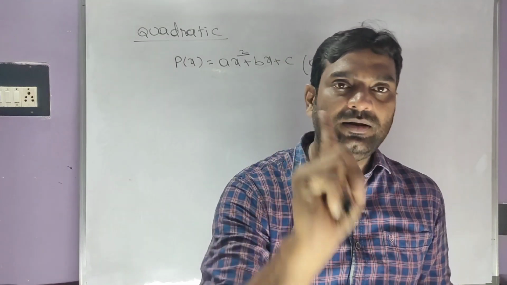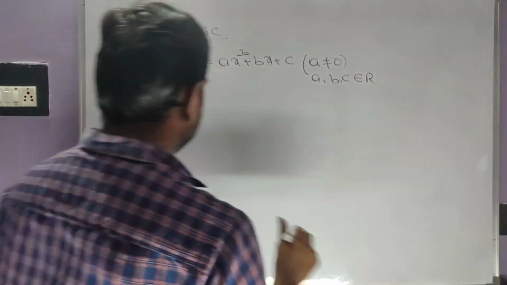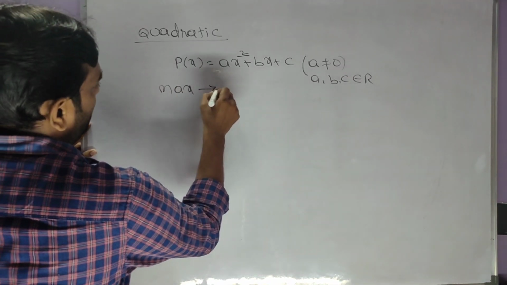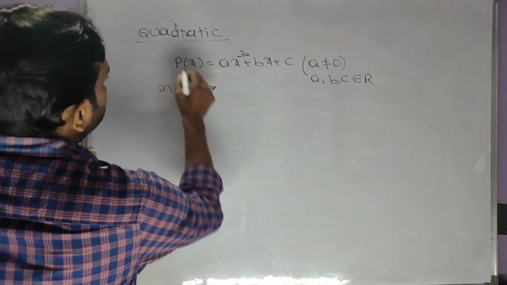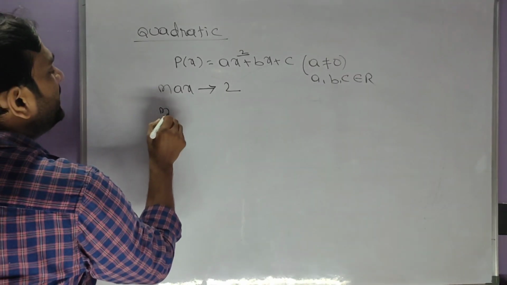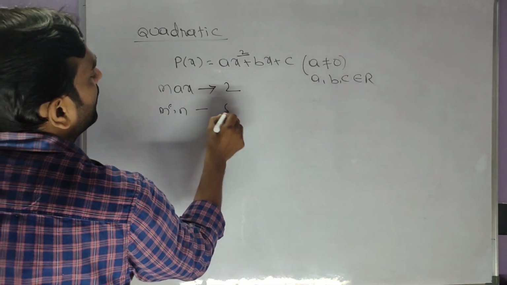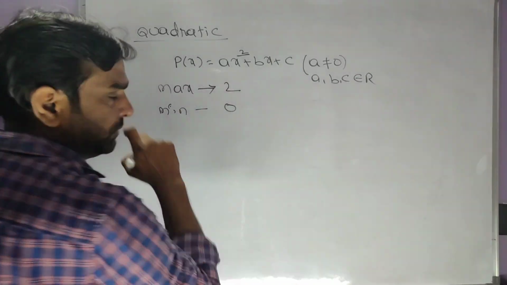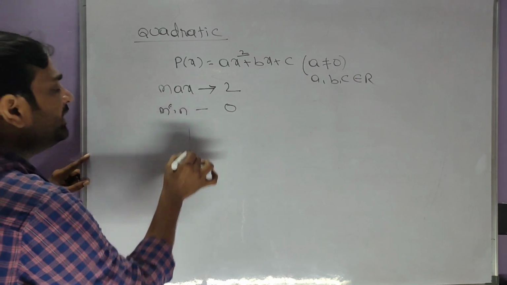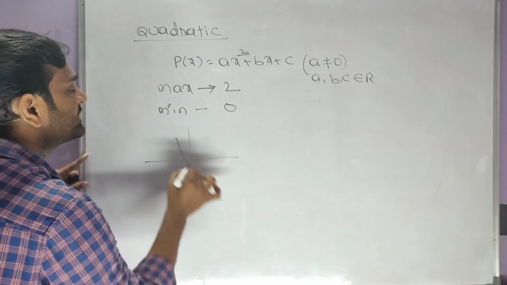For a linear polynomial, 1 zero. Listen: the maximum number of zeros for a quadratic polynomial is 2, and the minimum is 0. Why? Because the graph of a quadratic polynomial looks like this.